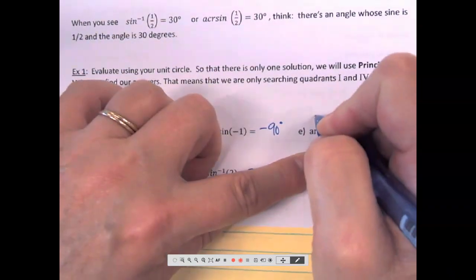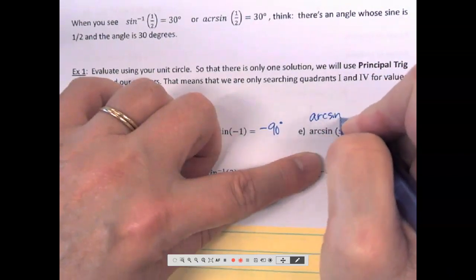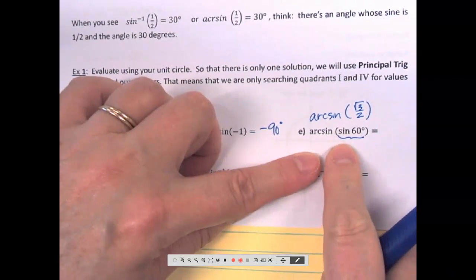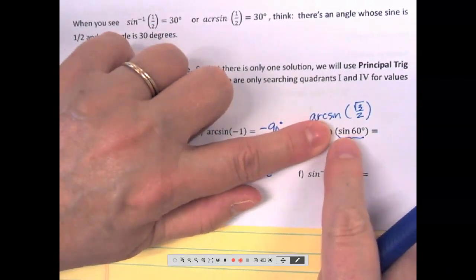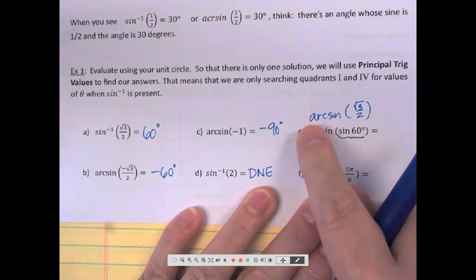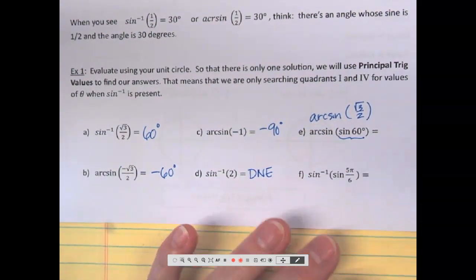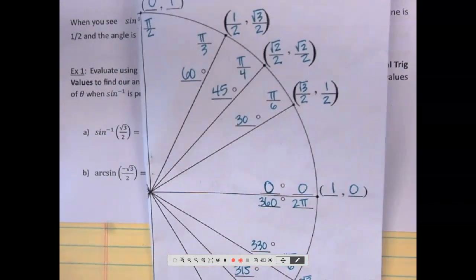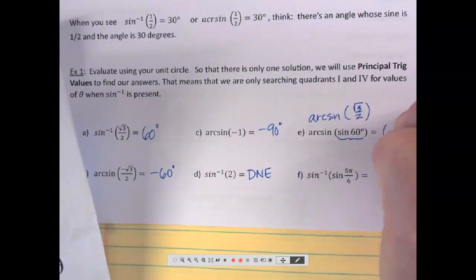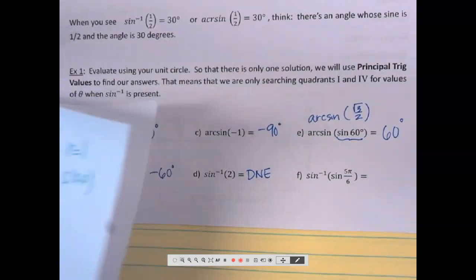Okay, so this becomes arc sine square root of 3 over 2. This is not arc sine or sine inverse in here. This just says, what's the sine of 60? Replaced it with that. Now, there's an angle whose sine is square root of 3 over 2. Where do you find an angle whose sine is square root of 3 over 2? 60 degrees.